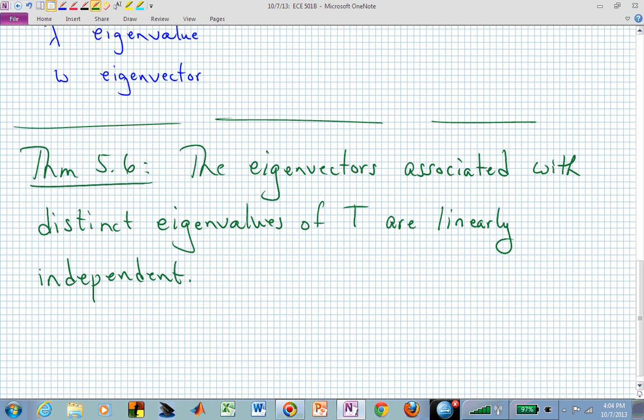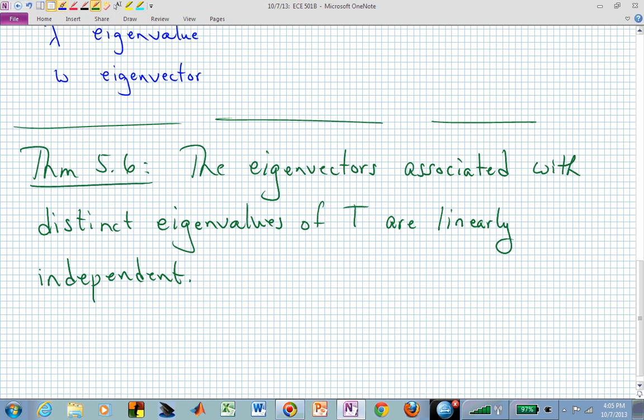And we know what we can do with linearly independent vectors. We can start building up, let's say, a range space of a particular output vector space, which would be V, if that's our vector space of interest. So the eigenvectors associated with distinct eigenvalues of T are linearly independent.